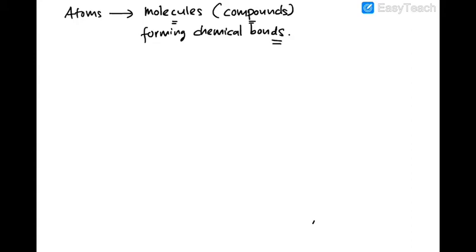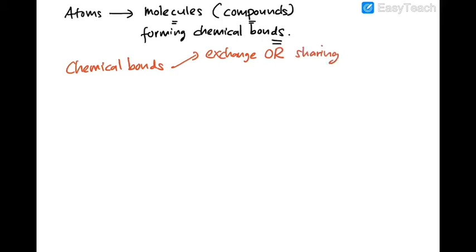Now, first of all, chemical bonds share two characteristics. The first one is that all bonds involve either exchange or sharing of electrons. Okay?